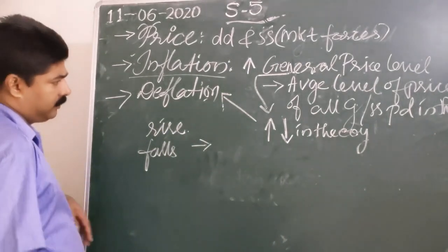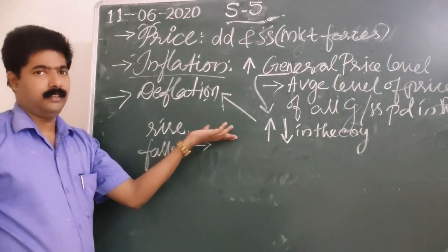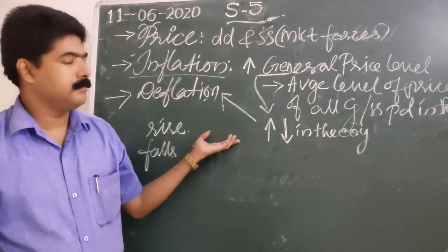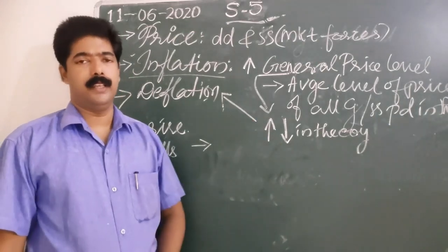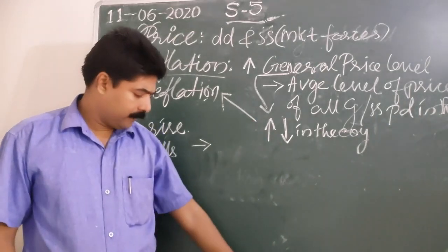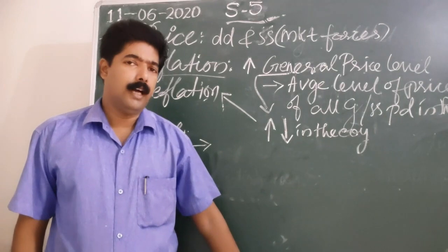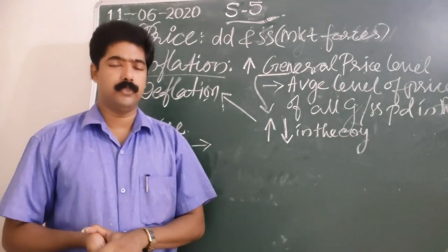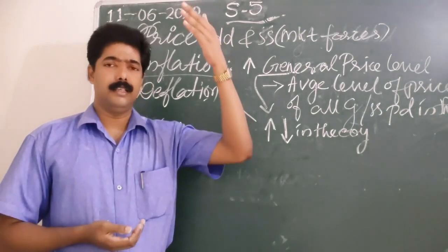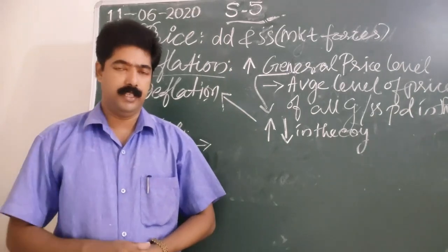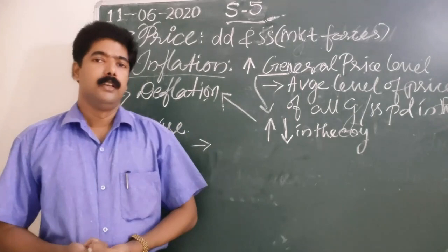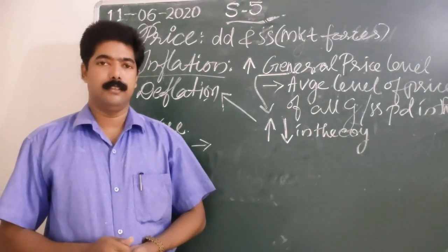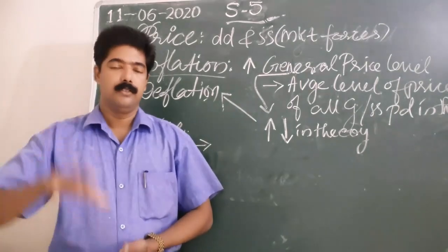Let's stop here with inflation, and the next concepts we will discuss in the next class. So you need to revise it very clearly. And here I want to say one thing. After the completion of each chapter, there are a number of very short answer questions, and you need to write the answers to all those questions in the fair copy, chapter-wise.